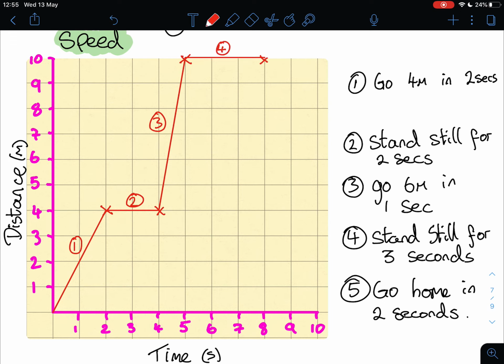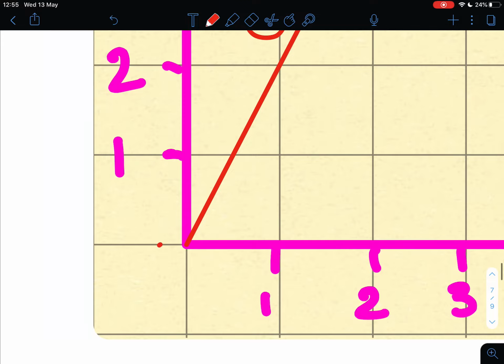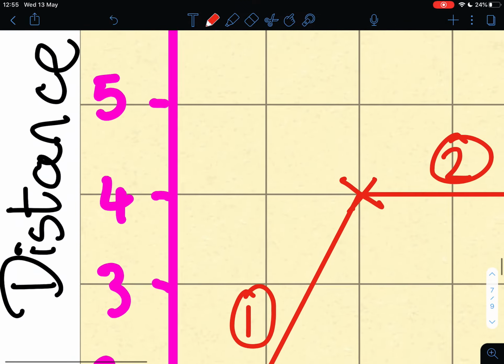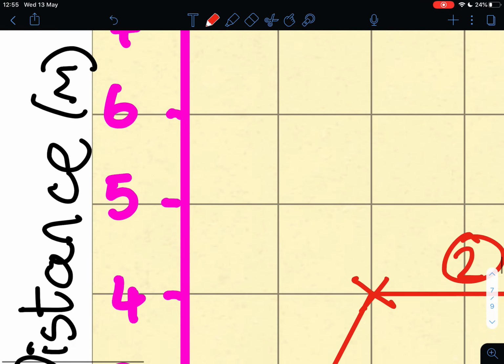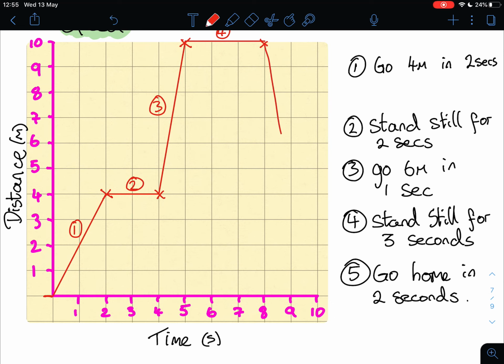And finally, we go home in 10 seconds. Now, home is the origin. You can think of this as the beginning of your front door, and then you walk away, the distance increases. So if you go home, you go backwards. So if I shrink that back, and I go from there to there, and that is number 5.